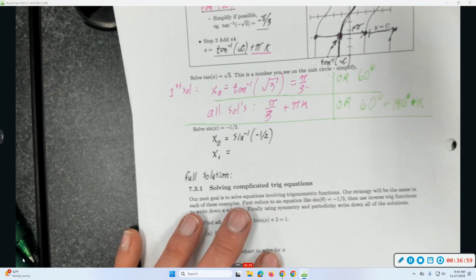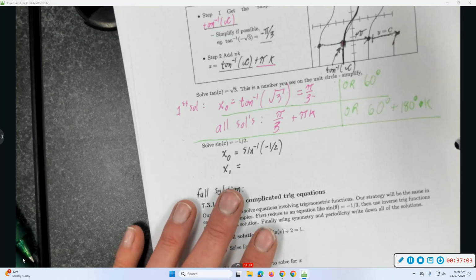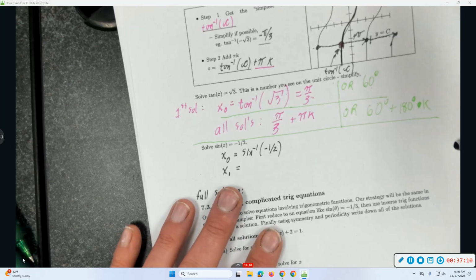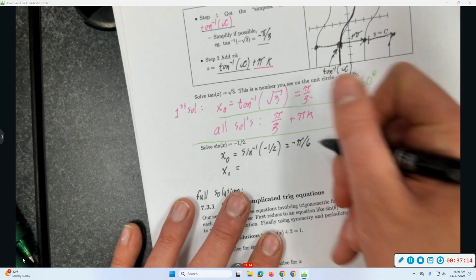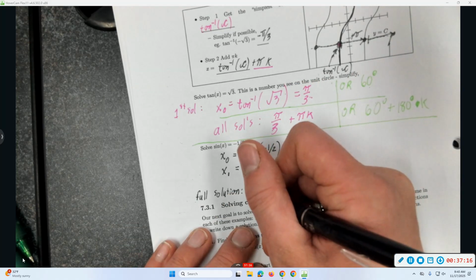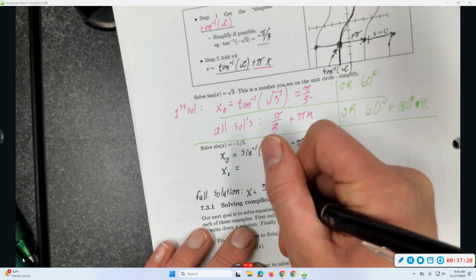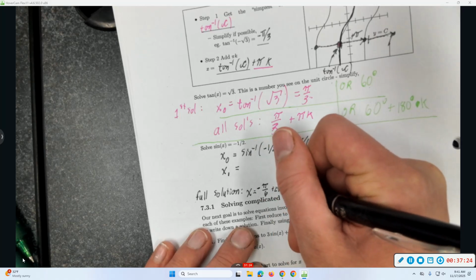Now simplify. What angle do you see whose sine is negative 1 over 2? I hear negative pi over 6. Do I hear agreement? Cool. So that gives me half of the infinite solution: negative pi over 6 plus 2 pi k.